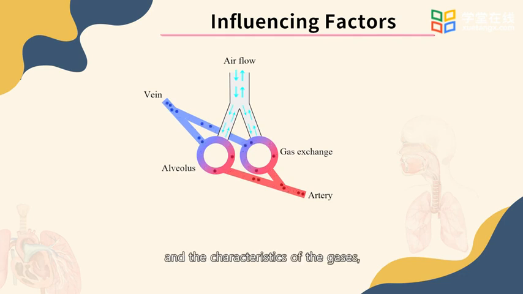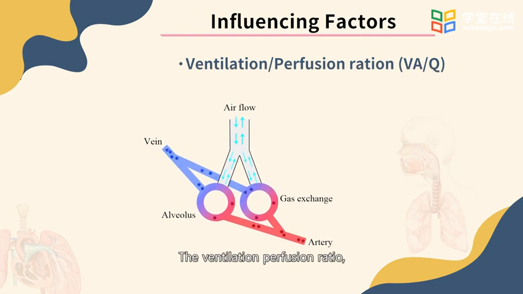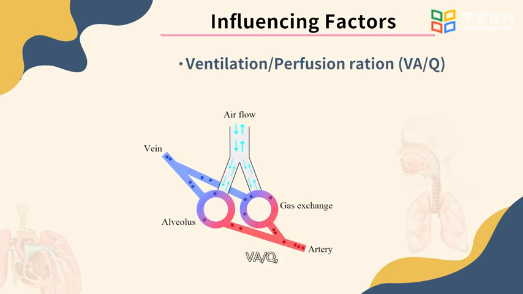Besides the membrane and the characteristics of the gases, the volumes of ventilation and associated perfusion can also affect the gas exchange. The ventilation-perfusion ratio, VA/Q, is used to evaluate their matching rate.